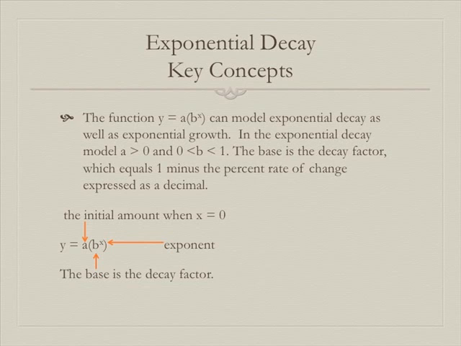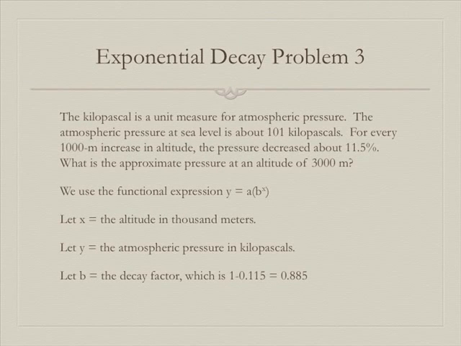Here we have a still being our initial amount when x is equal to 0, and the base b is the decay factor in this particular problem instead of the growth factor. So we have a problem that involves exponential decay.